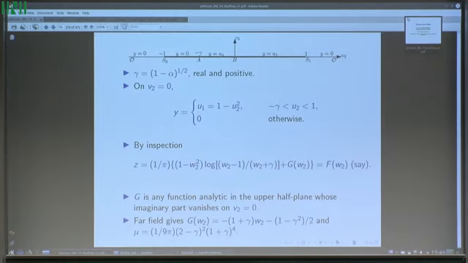It's correct, except we can add on an arbitrary function that's analytic in the upper half plane, and which has vanishing imaginary part along the plate. And now we just apply the far-field boundary condition, and that tells us what this arbitrary function is. It's just a linear function, and it also tells us what the strength of the dipole is.